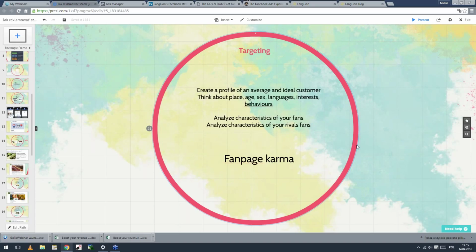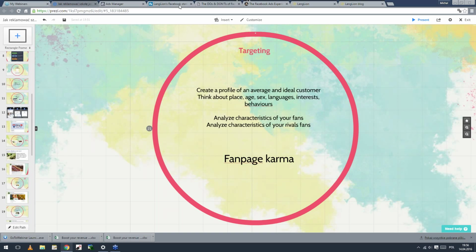And also think about the place where they live, what they are doing, what they like, about their already known languages, behaviors, and also some obvious things like the sex, age, etc. So analyze the characteristics.